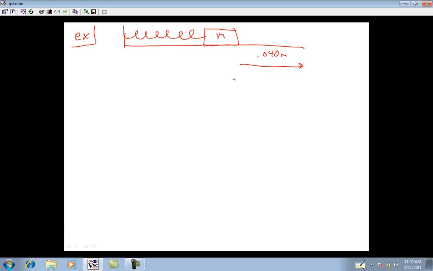It's going to go back and forth that same value over here, negative 0.040 meters. And here are the 4 things I want us to figure out.